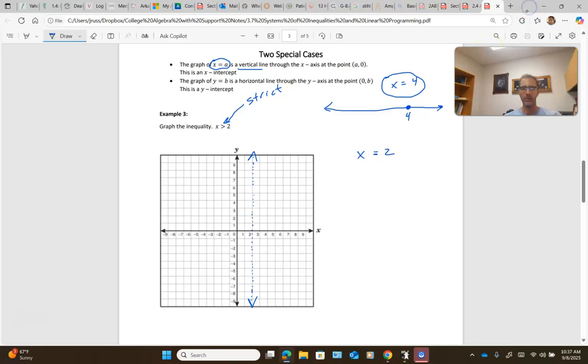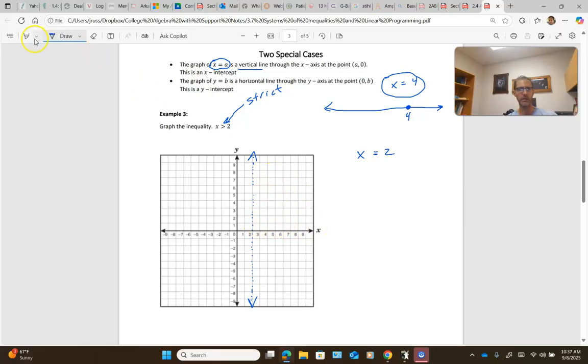Now, we still need to shade. We need to shade a region. It's either going to be to the left or to the right. Well, guys, where are all the ordered pairs that have x coordinates that are going to be greater than 2 going to be? They're going to be to the right of this line, aren't they? Because they'll all have x coordinates greater than 2.